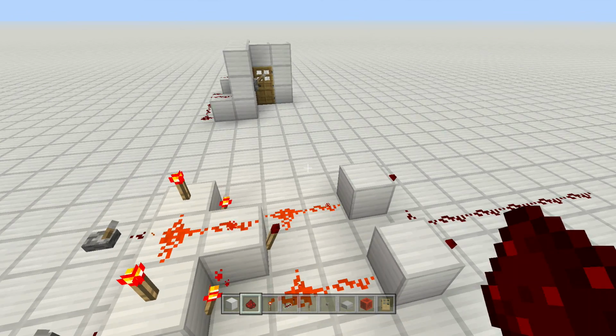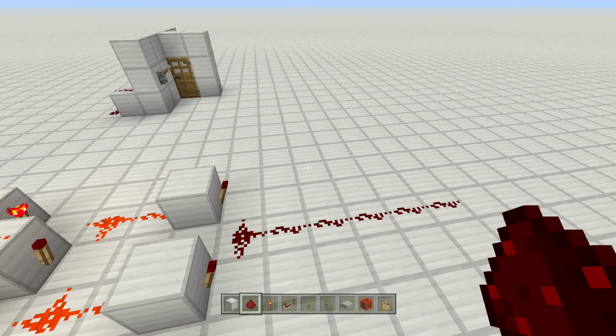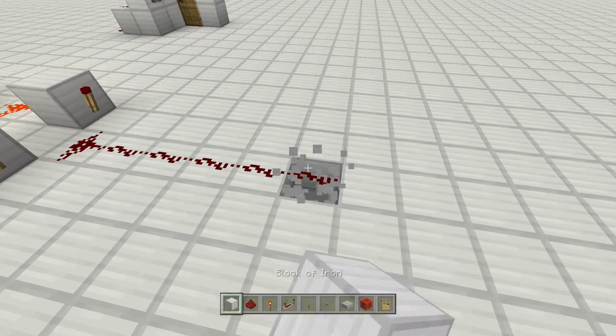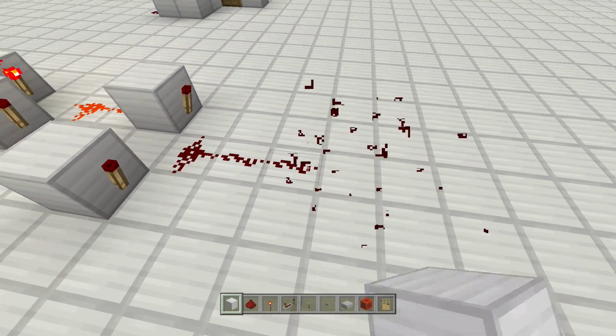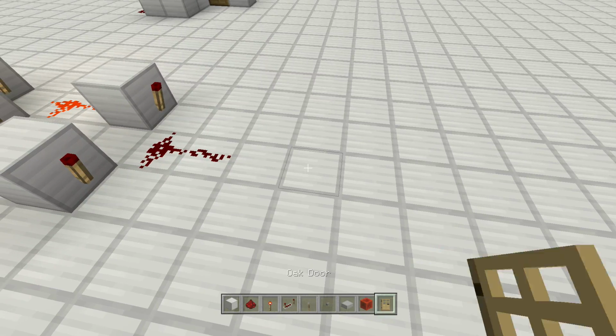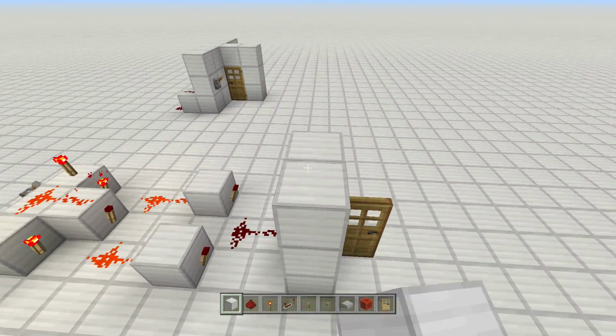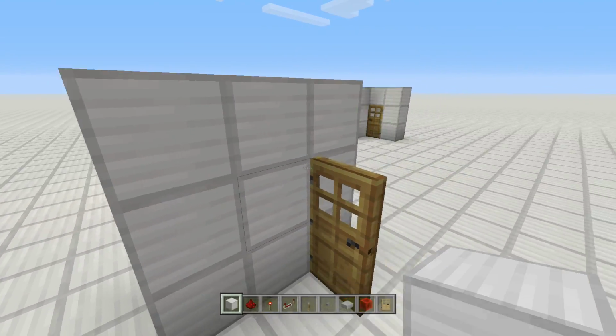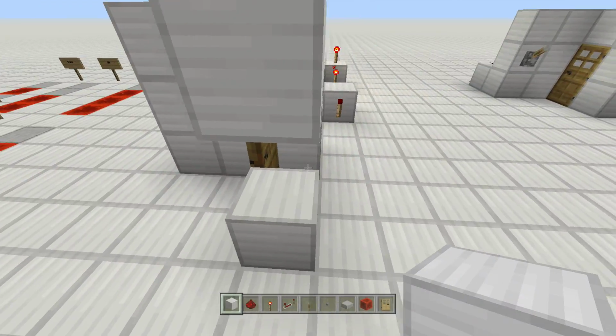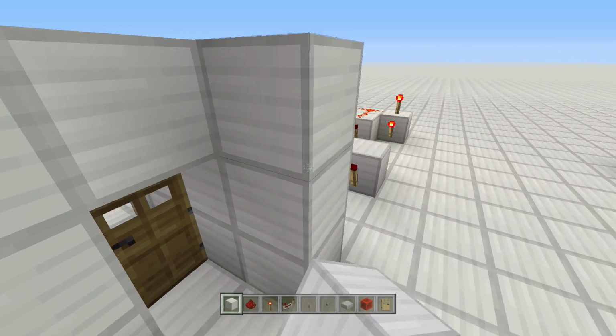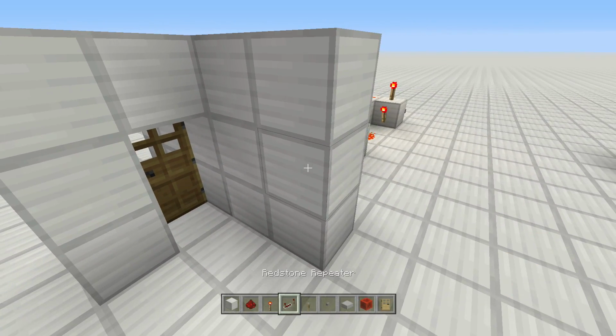So now let's say I would really have a door that needed this circuitry, and I would have my levers out there. It would be perfect.